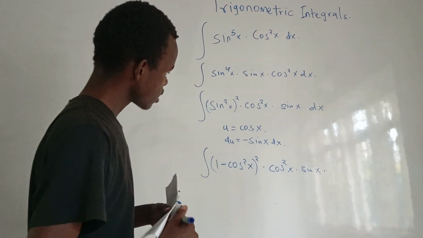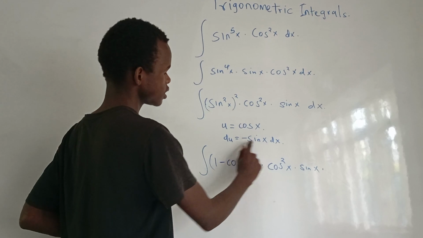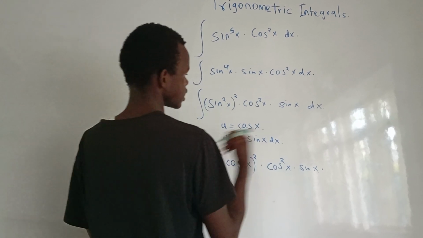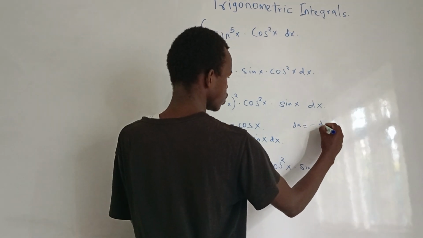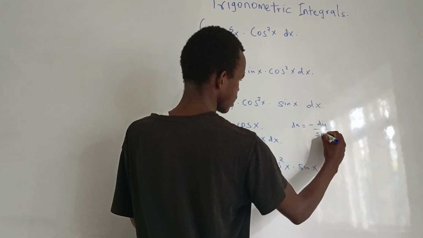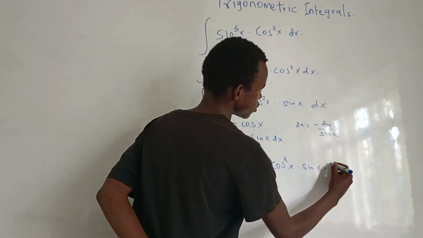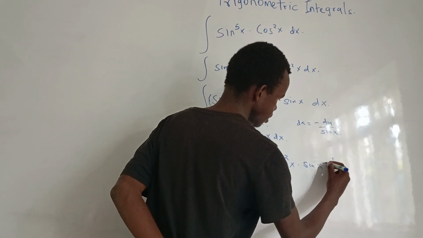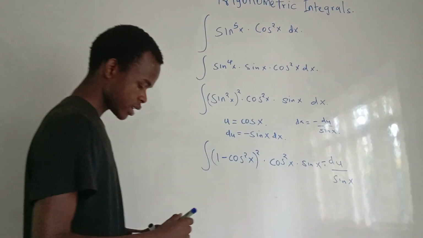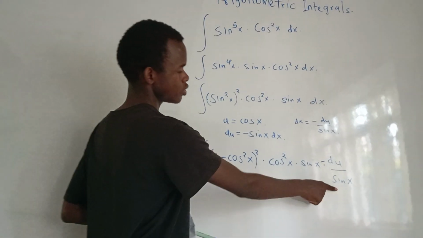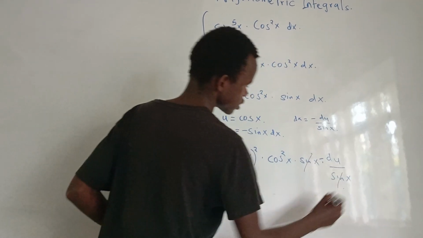My dx from here, dividing this with this, I'll get my dx as negative du over sine of x. Simple. So I'll just multiply by my du, negative, remember, divided by sine of x. So from there, sine of x goes with sine of x. So this cancels this, okay?